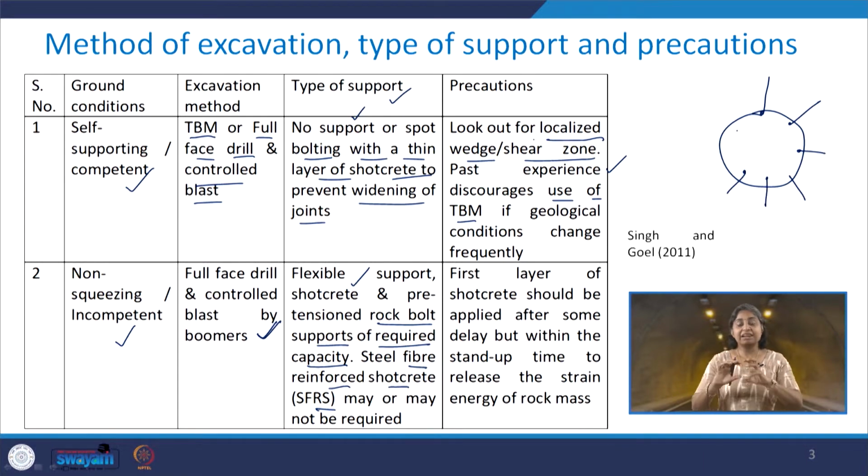Basically it stitches the loosened portion of the rock mass which may have happened because of the excavation methodology. The first layer of shotcrete should be applied after some delay, but within the stand up time, to release the strain energy of the rock mass.